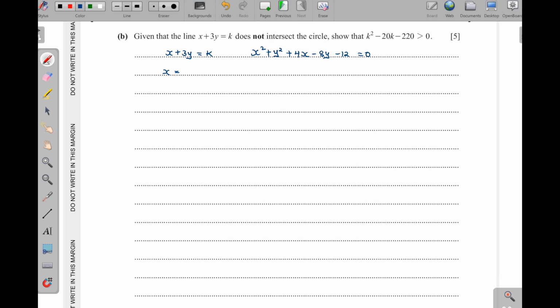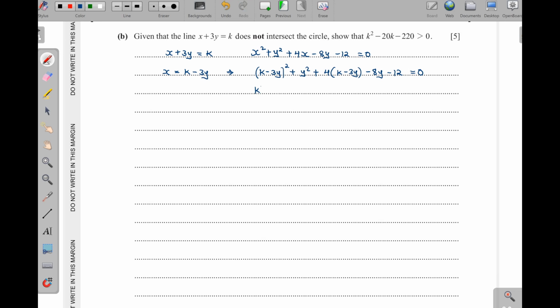So making x the subject of the formula gives k minus 3y. This implies that here we shall have (k minus 3y) squared, plus y squared, plus 4 times (k minus 3y). Remember, wherever there is x, we are replacing it with k minus 3y, then minus 8y minus 12. Now this one will give us a quadratic in y, so let us expand the brackets.